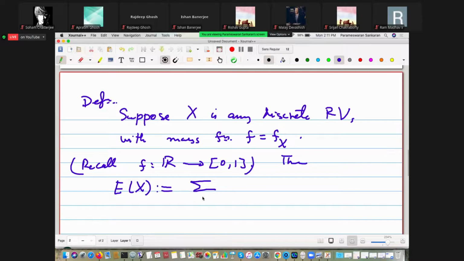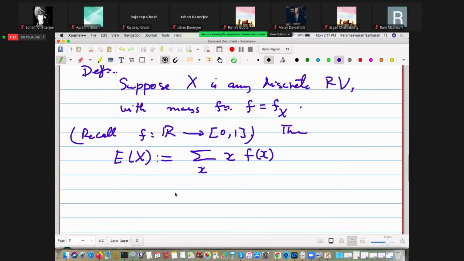Well, it takes only discrete values, so I may just write here, summation x f_X(x). What does this mean? The same thing as summation x probability of capital X equal to small x. That's what f_X means.